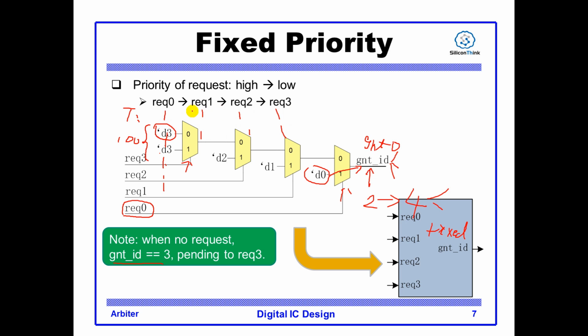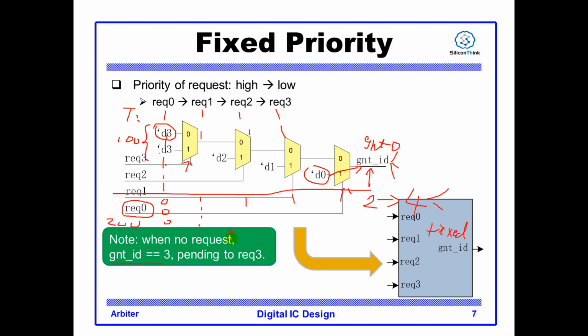There is no access for request 1 up to 3. Only request 0 is granted. Then after 100 cycles, request 0 goes to 0 and request 1 will be granted. And request 1 wants to access for 200 cycles.